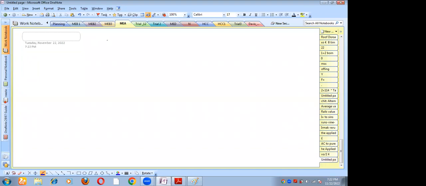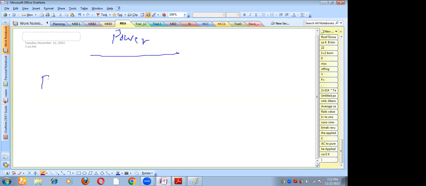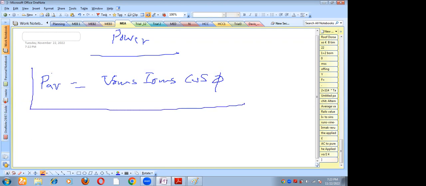So average power, P average, is given by V RMS, I RMS cos phi. The average power of an AC circuit is given by V RMS, I RMS cos phi. This is the average power. If nothing is mentioned in the question, it means you have to calculate everything. Got it? So based on these formulas and concepts, we will do some questions.